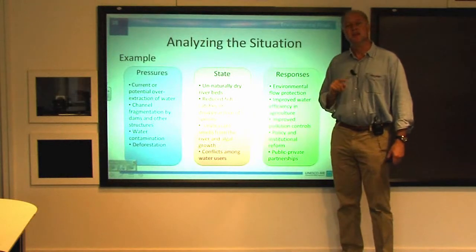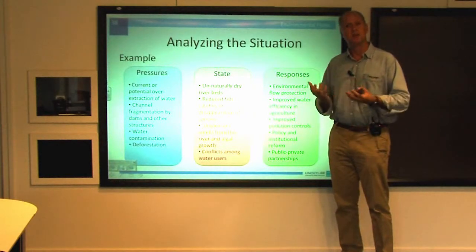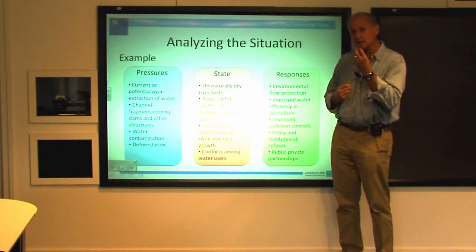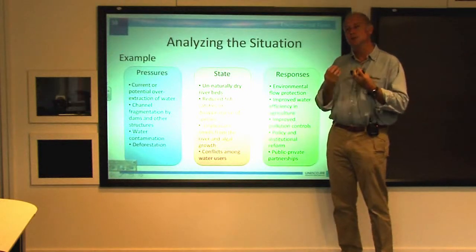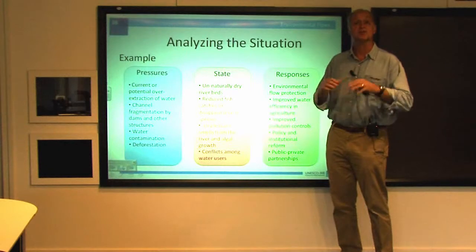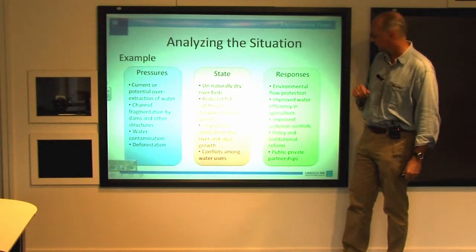Think back to the rain-fed agriculture or the water use by plants that I mentioned in the water cycle part of the lecture today. There are responses to improve the water productivity of crops that we're using to reduce the pressure on our surface water or groundwater sources.